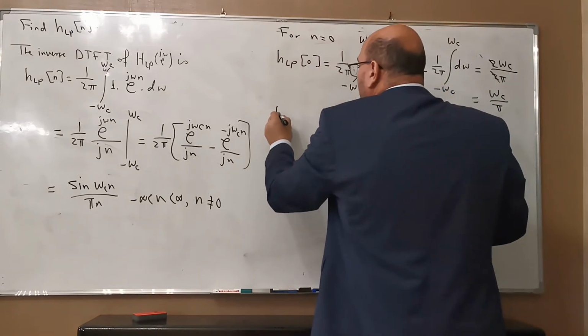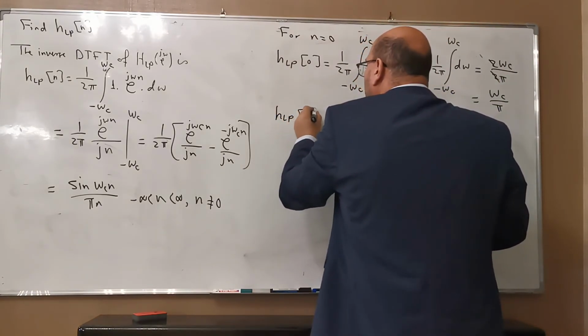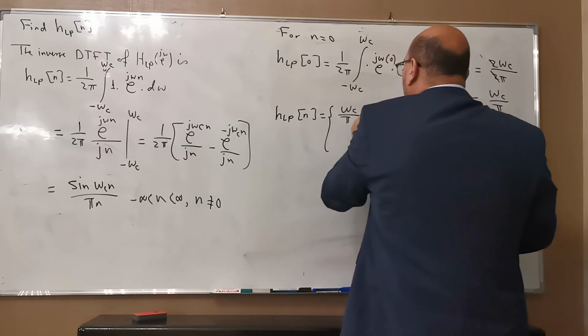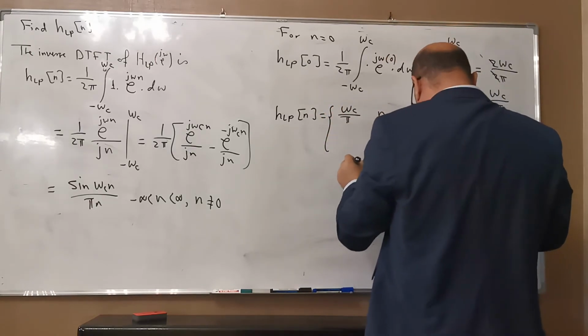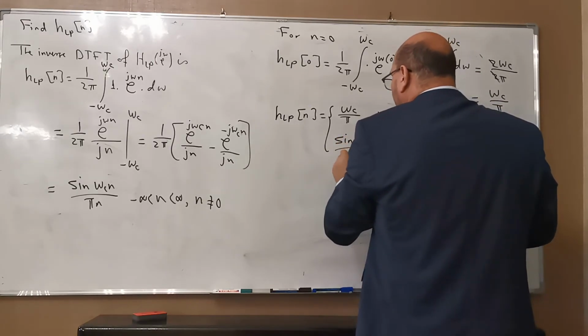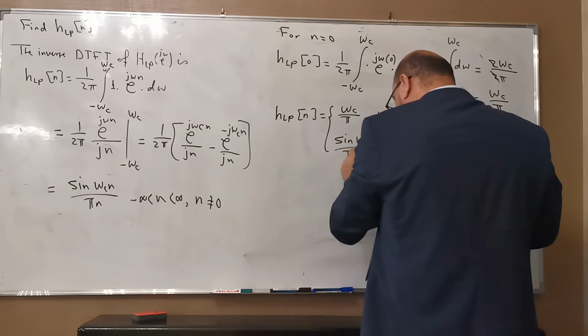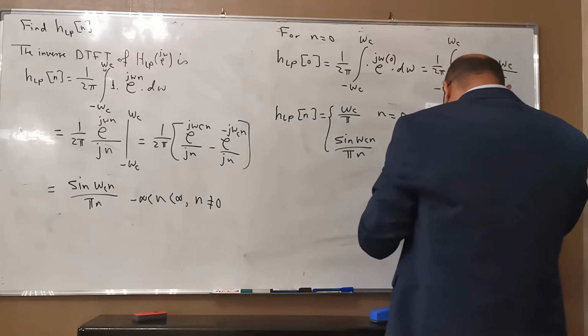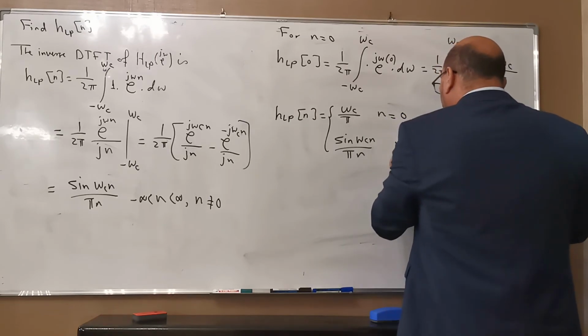So our h low pass of n is equal to omega c over pi for n equals 0, and it's equal to sine omega c n over pi n for n not equal to 0.